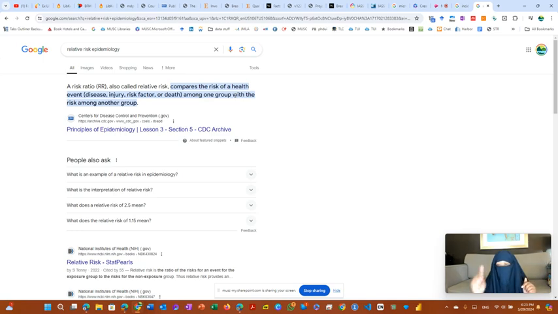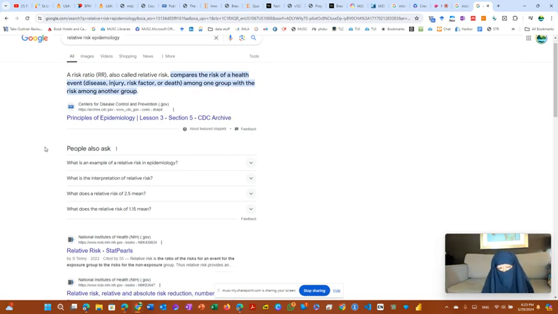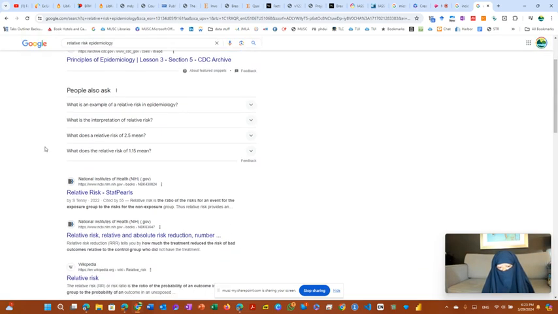So it compares group A and group B, those with the disease or risk factor, with the risk of another group. So putting these two terms together. And this is from CDC's Principles of Epidemiology, which is a very old textbook that lots of people use.